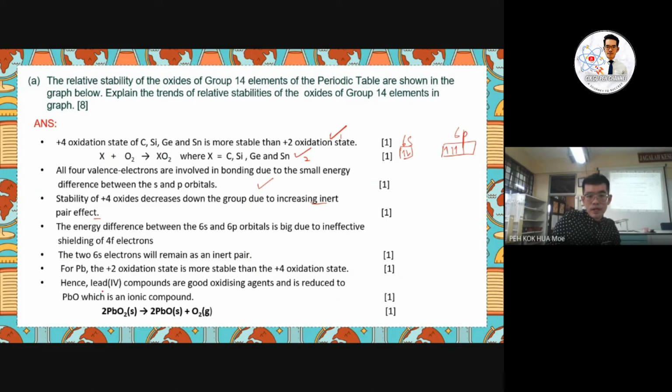Hence, Pb(IV) compounds are good oxidising agents and are reduced to lead(II) oxide, which is an ionic compound. So when we need to elaborate more to get more marks, you have to explain the oxidising agent and give the bonding also. But if the question is only 4 marks, we just elaborate until here. But when going for more marks, you have to explain more.